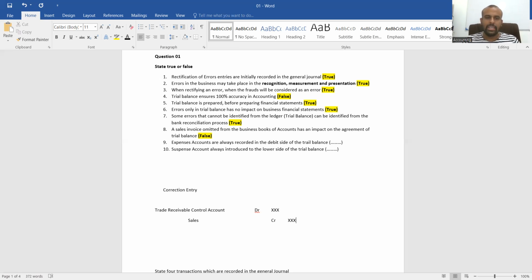Right. බලන්න ඊළඟ එක. Expense accounts are always recorded in the debit side of the trial balance. Give me an answer. True or false?